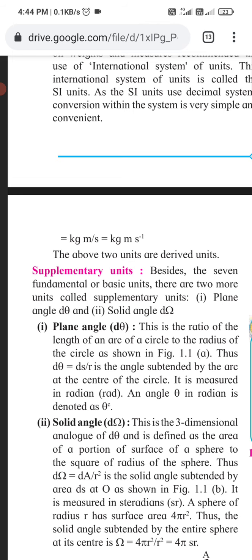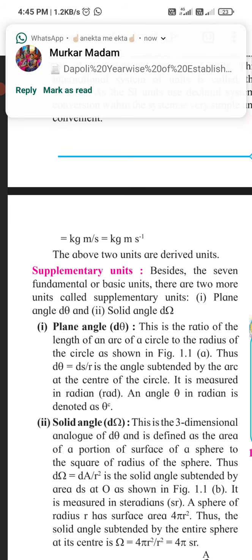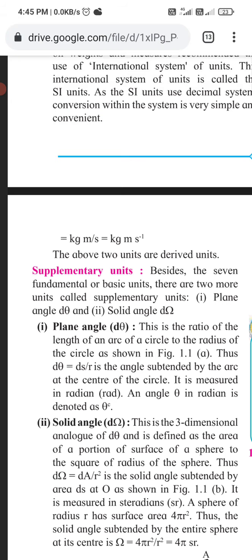And the unit is steradian, sr. The sphere of radius r has surface area 4 pi r square. So the solid angle subtended by the entire sphere, d omega, is equal to 4 pi r square upon r square, that is 4 pi steradian.